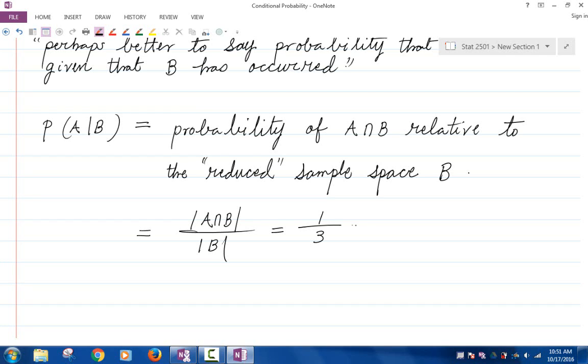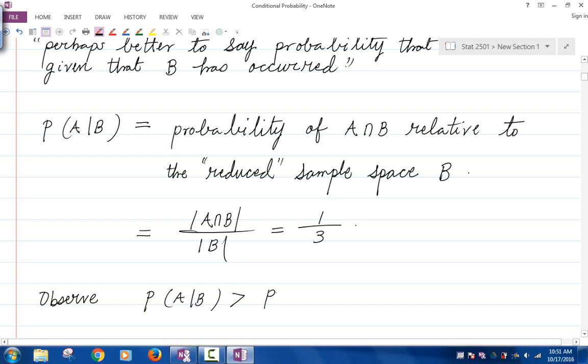So observe here that the probability of A given B turns out to be greater than the probability of A. This is not always true, but in this case, that has happened. It may be that the probability of A given B is smaller than the probability of A. Is that making sense? Okay, so I'll see you on Wednesday.